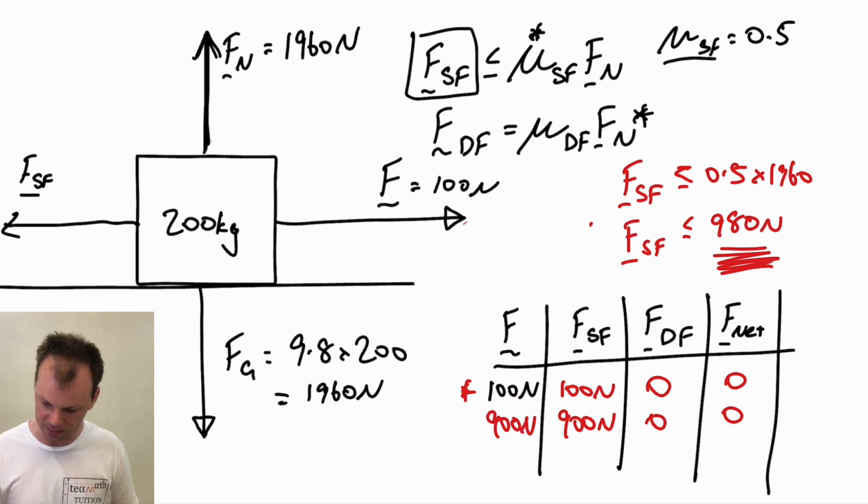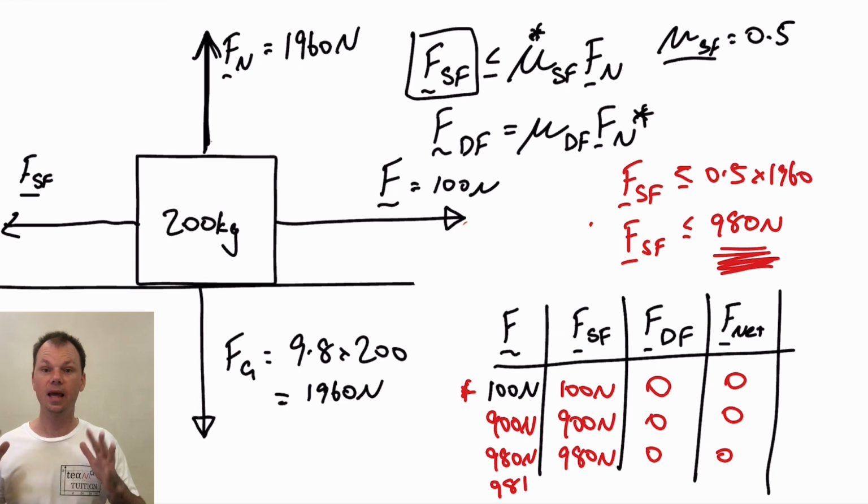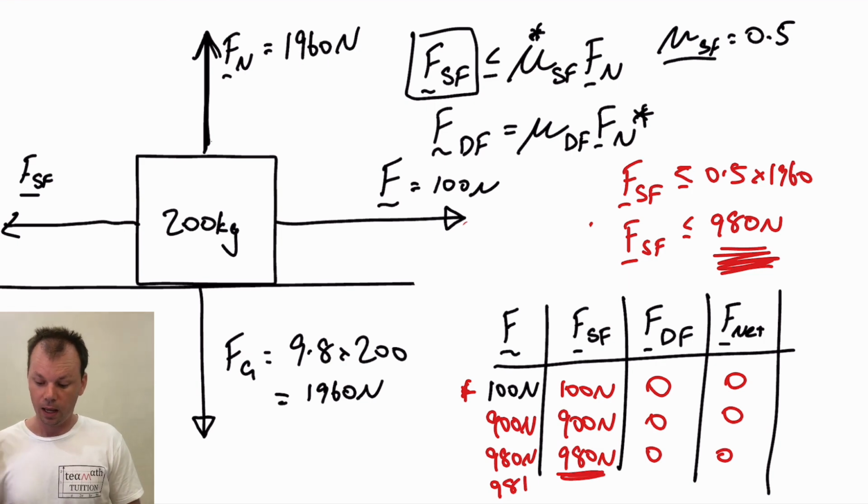If we had exactly 980 newtons of force, we would have exactly 980 newtons of static friction. If we had slightly over 980 newtons, then the box is going to start to move, right? Because we've overcome this static frictional force. When the box is moving, the static frictional force isn't available anymore.